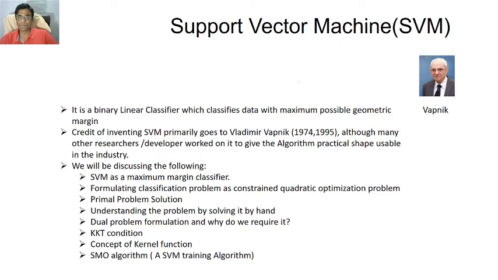So although he invented this, these were not exposed to the outside world till he migrated to the United States, and there he joined AT&T Bell Labs, and in 1995 he demonstrated how the support vector machine classifier can solve many real world problems more efficiently.